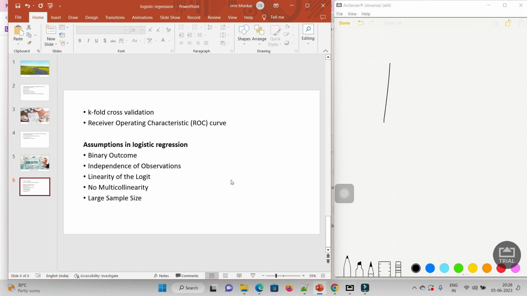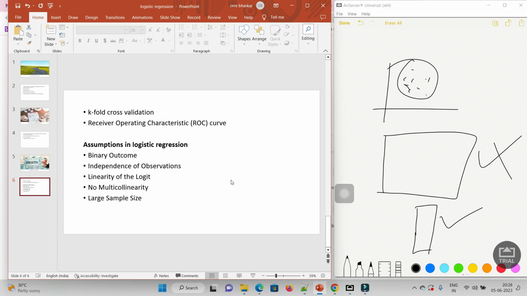That means these data points should be large enough. That means we should have more rows. An important point to note in data science is that your rows should be greater than your columns. That means the number of rows should be greater than the number of columns. This is not good. This is better.